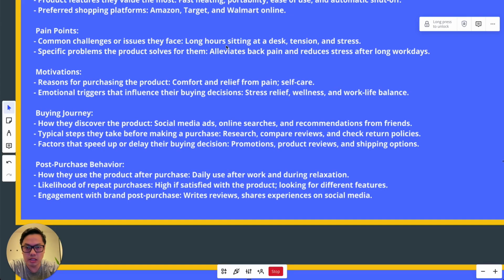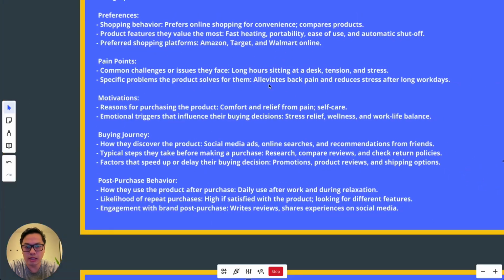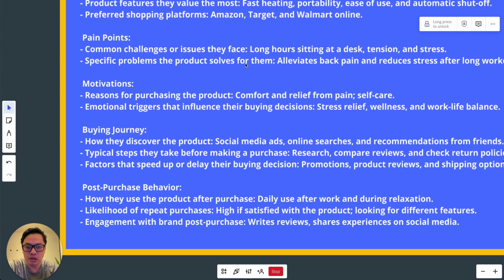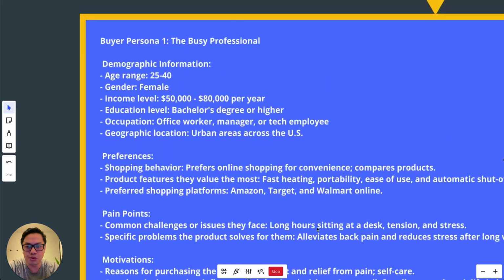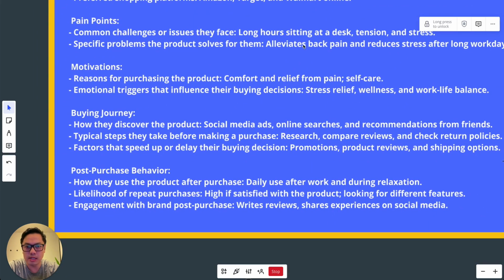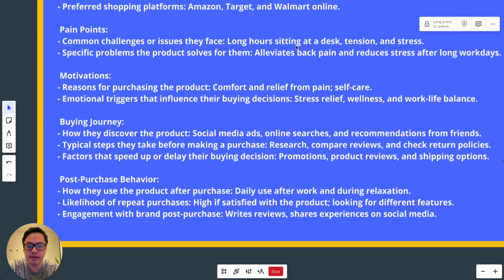Common challenges: long hours sitting at a desk, tension, and stress. So these are the pain points. If you can solve these pain points, then it speaks more to the user. So imagine if you had a call out that said something like, long hours sitting at a desk, relieve that pain with the heating pad. You're basically speaking to this avatar where their main pain point is sitting at a desk and they have some sort of pain.